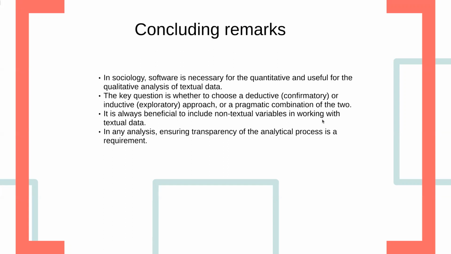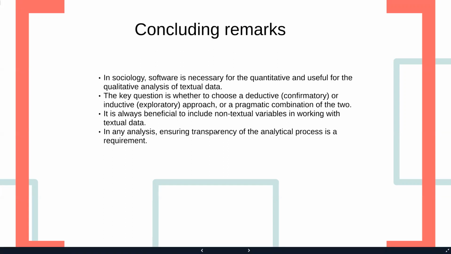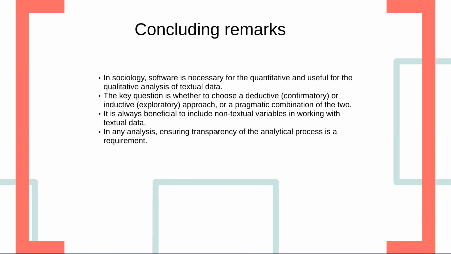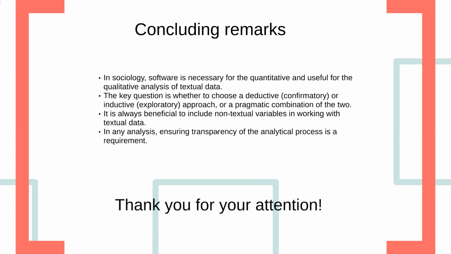And the fourth and last point is the transparency of the analytical process: how we do coding and how we transform and process data. This is very important, not only to know about coders, but also that the software is transparent. The best is that it's open source, so anyone can use it for free and repeat the study with the same software.